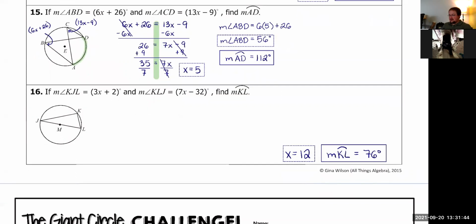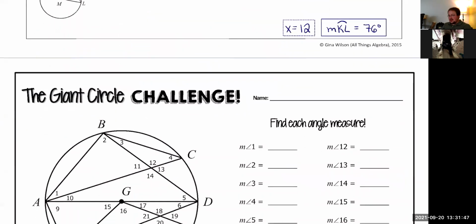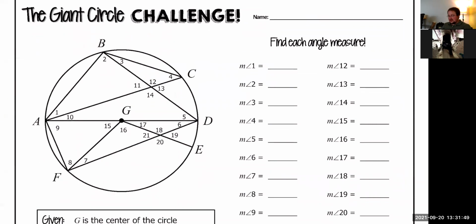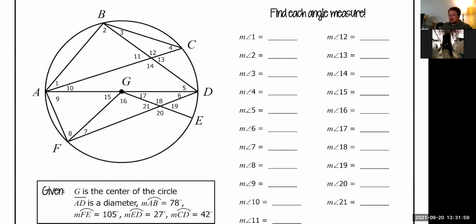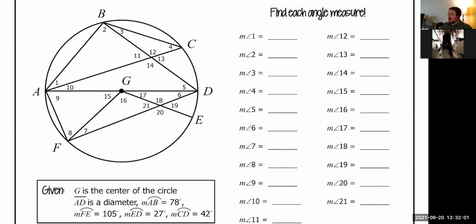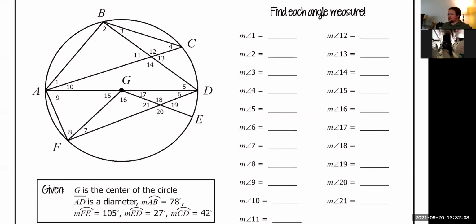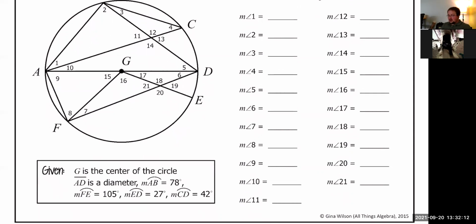Now, the reason why I'm saying try to take a moment to process is because the last page here is known as the giant circle challenge, for which there are a bunch of angles, some of them central, some of them inscribed, some of them just their own things altogether, vertical and adjacent, things like that. We're going to try to find all the information we can.